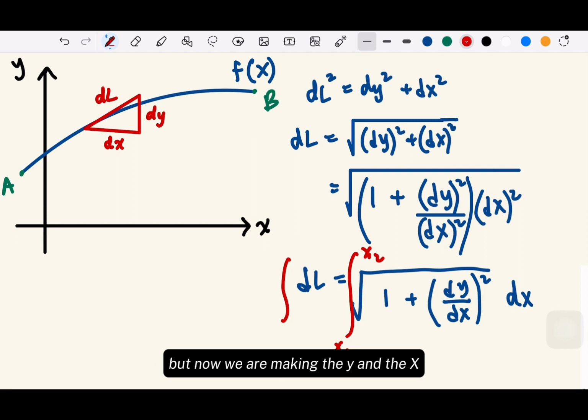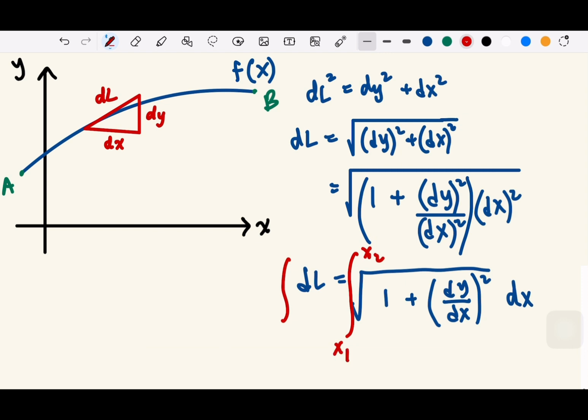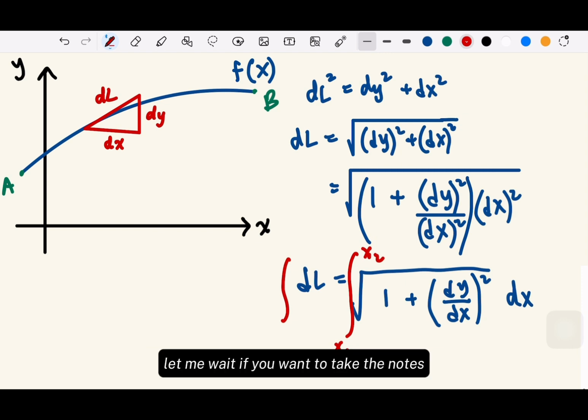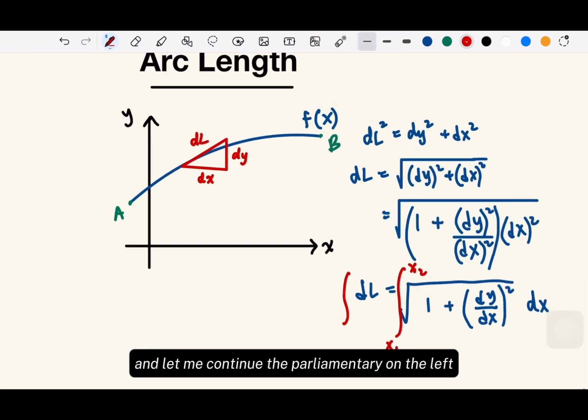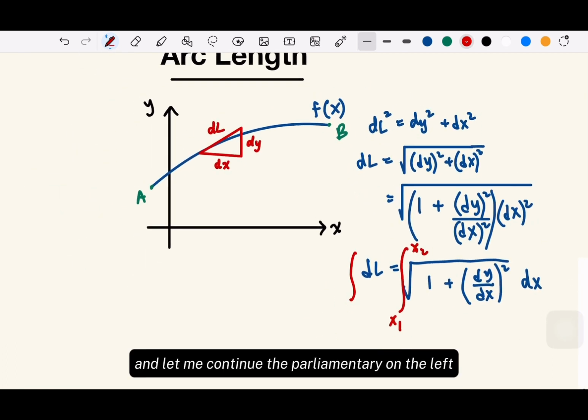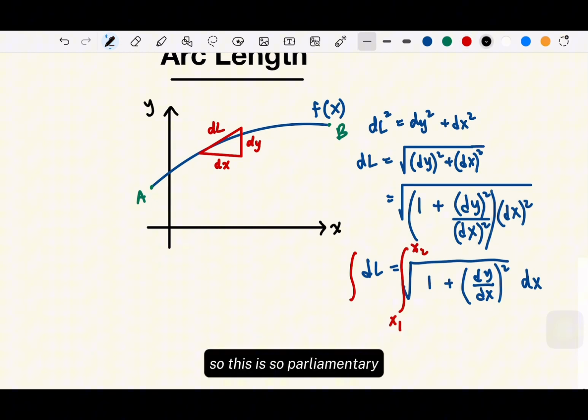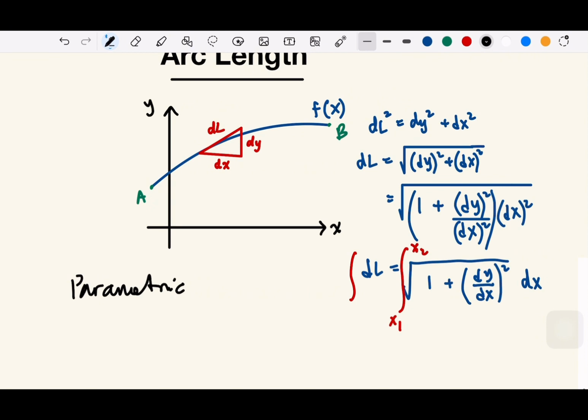But now we are making dy and dx and adding another variable which we call dt. Okay. But let me wait. If you want to take the notes, let me wait for a while. And let me continue the parametric on the left. So this is on parametric. Add t.